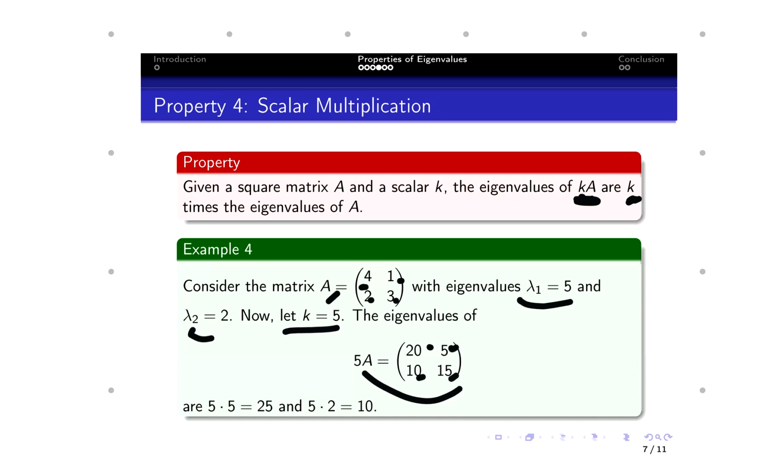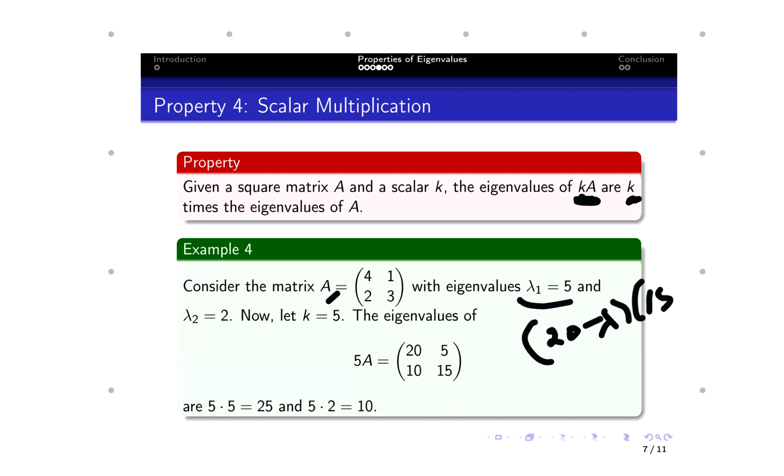Normally, to look for the eigenvalues, we just say 20 minus lambda multiplied by 15 minus lambda minus 50 equals 0. If we solve all that, at the end of the day, you end up getting lambda to be 25 and 10. And that is exactly what we have.